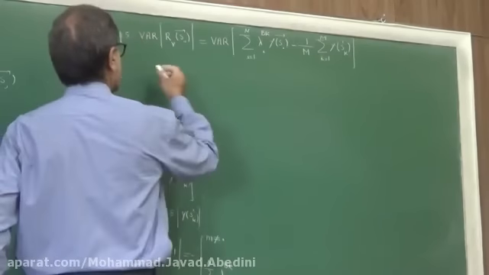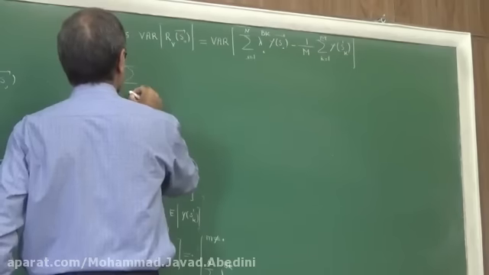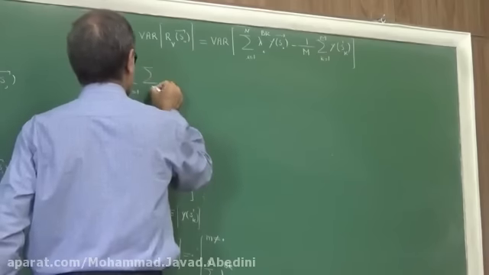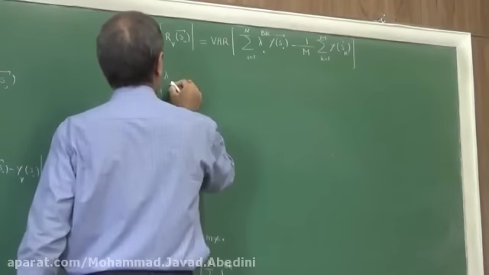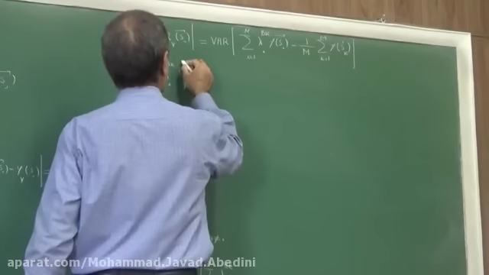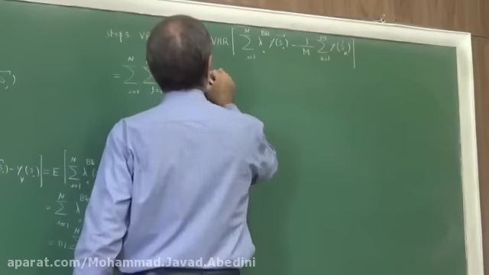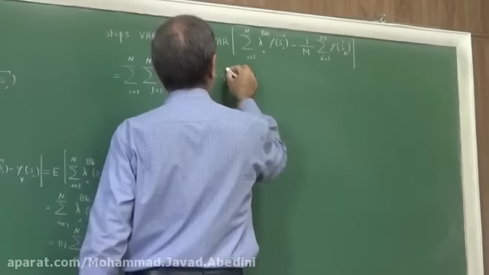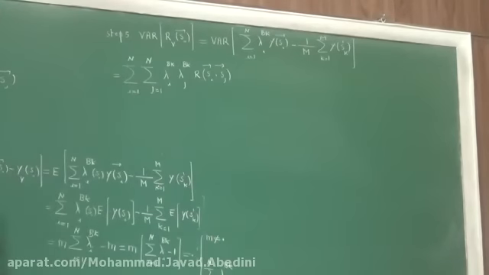Therefore, the very first term will become double summation. That is variance of the first term.